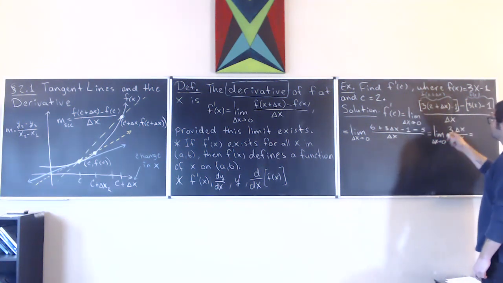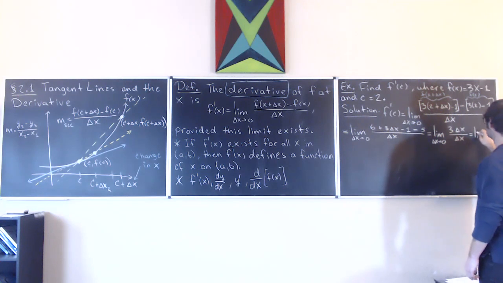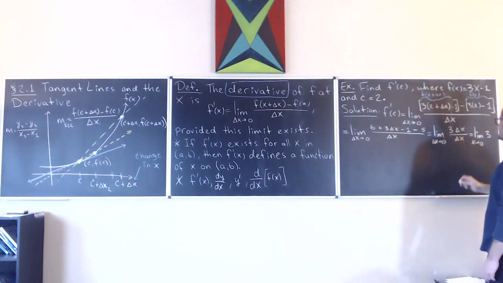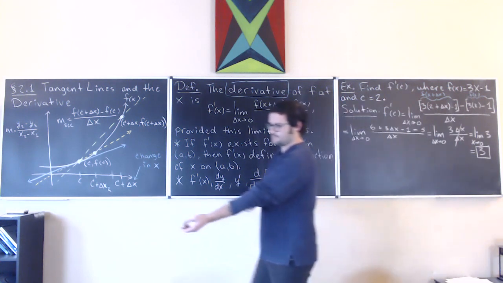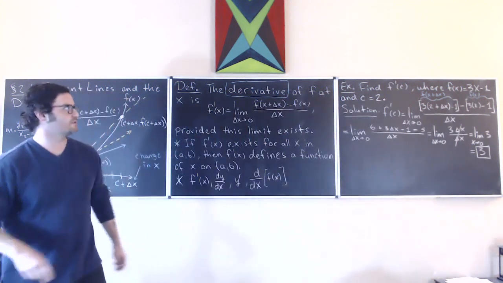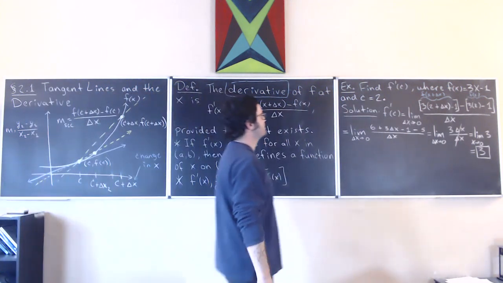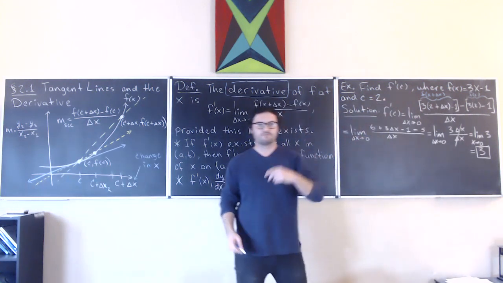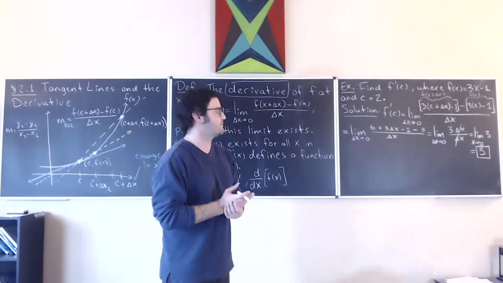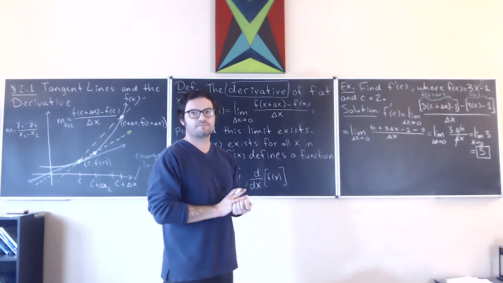And then the limit of a constant is just a constant. So the derivative of that function at x equals 2, or c equals 2, is 3.